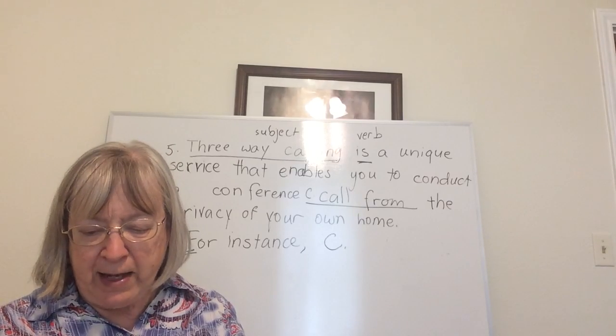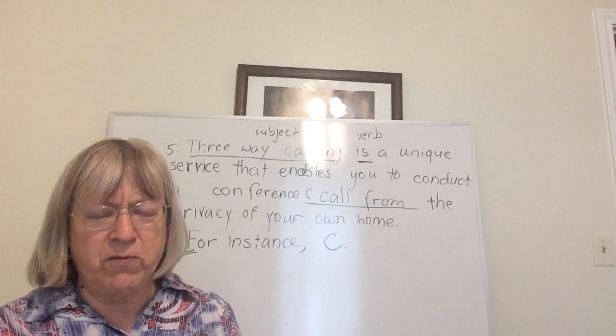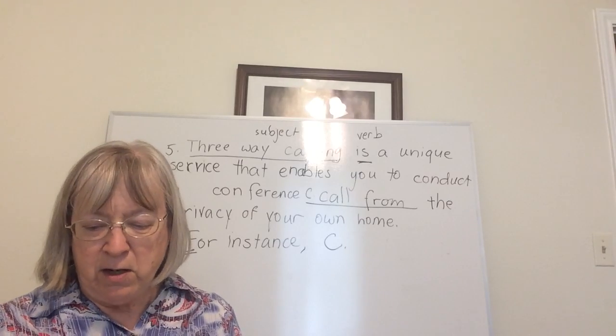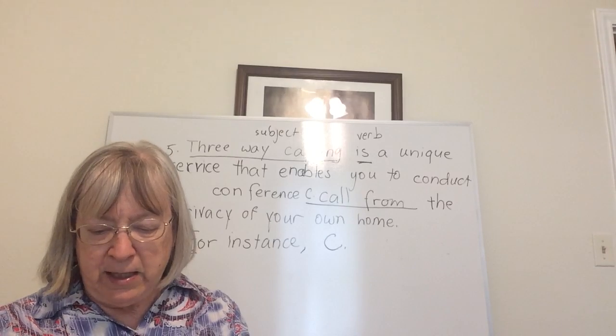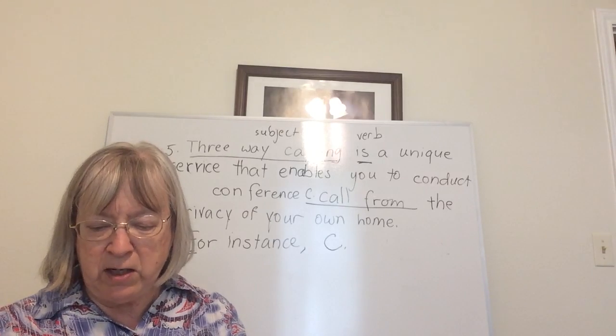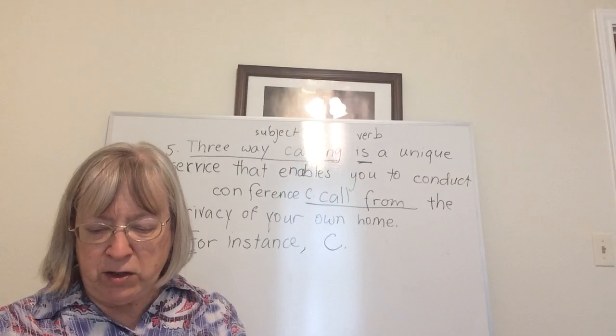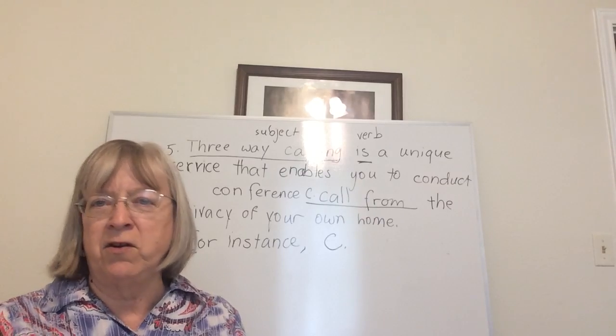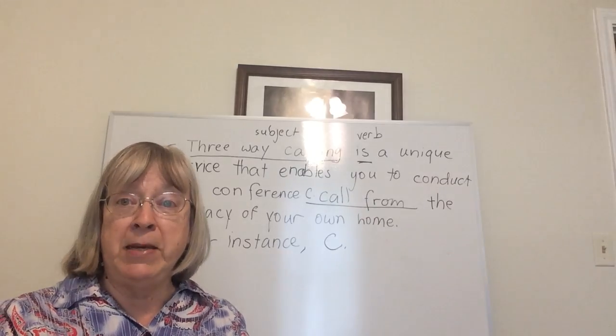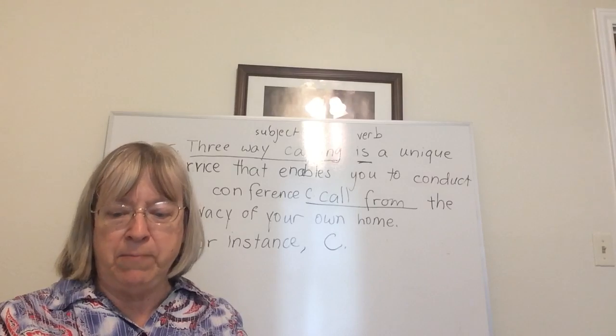This useful and convenient are adjectives. So we haven't had a subject yet. This useful and convenient service is be yours for only pennies a month. Do we ever put is and be next to each other? No. Is a be verb, but we don't say is be.